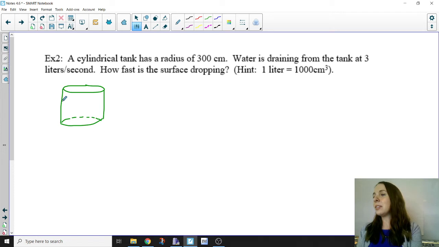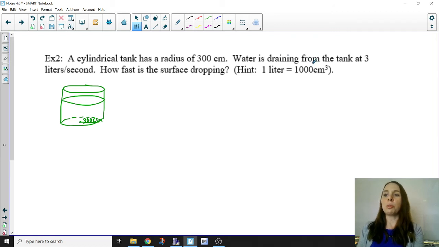Okay, and there's water. There's water in this tank at some level. And let's start to label some things. The cylindrical tank has a radius of 300 centimeters. So, you could put that right here or at the top. I'm going to put it at the bottom. Feels like it makes more sense there. 300 centimeters. And the only other number is that water is draining from the tank at 3 liters per second.